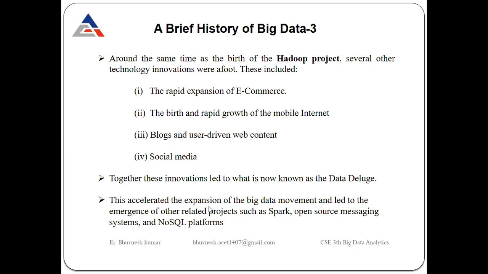This accelerated the expansion of the big data movement and led to the emergence of another related project such as Spark. To resolve the problem of data deluge, meaning to analyze that data, the project was made, and that project is Spark.